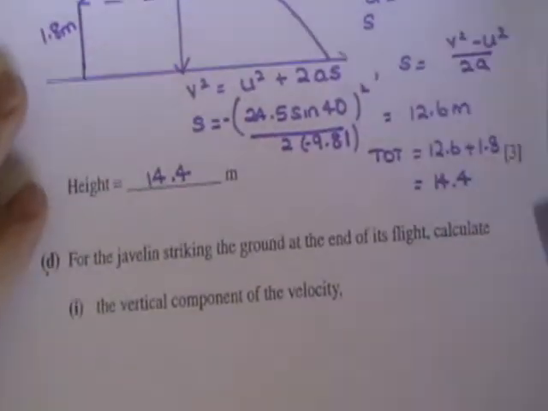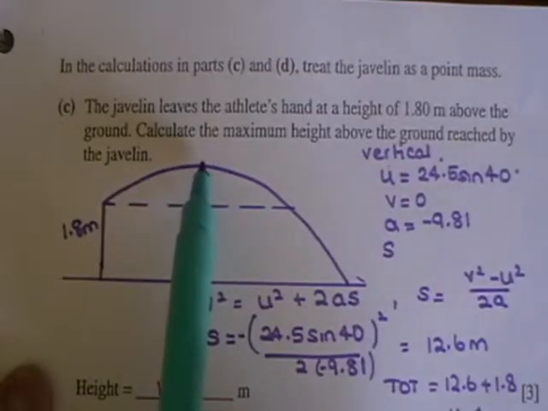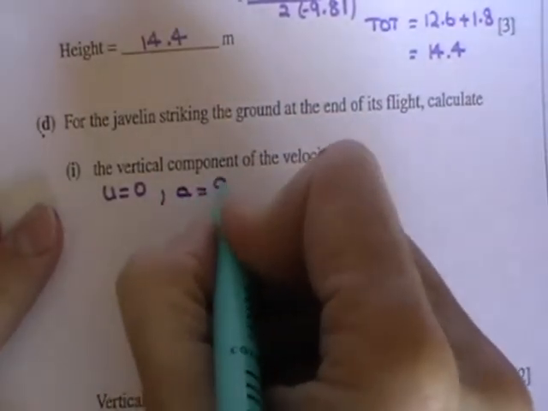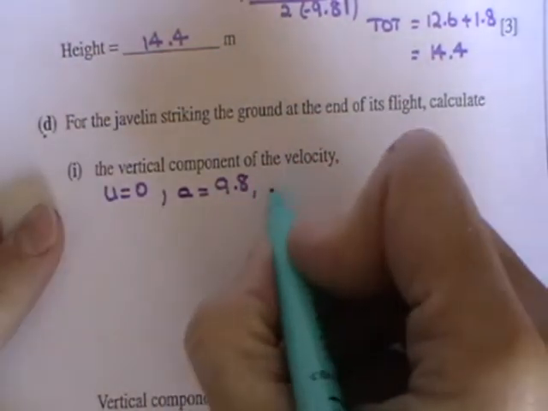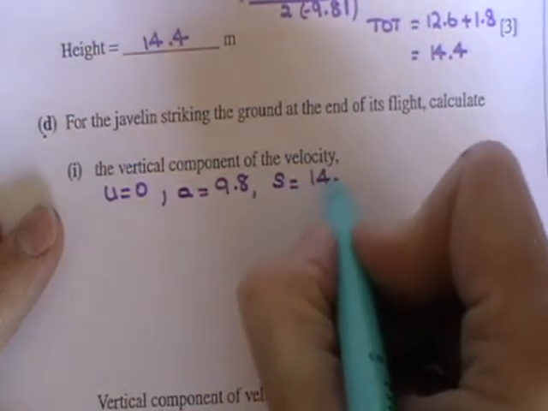So I've got enough information to calculate v. So u is equal to 0 from the top of its maximum height. Its initial vertical velocity is 0. We know a is equal to 9.81. We know s is 14.4, and we're looking for v.